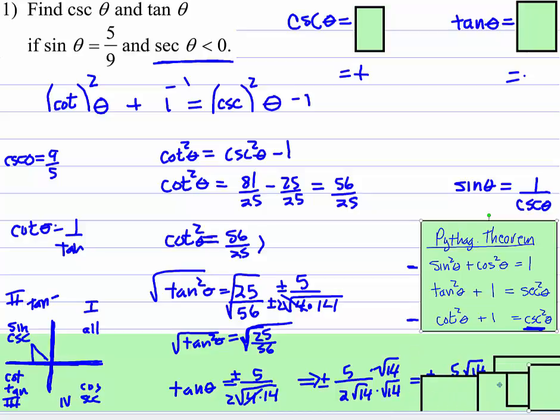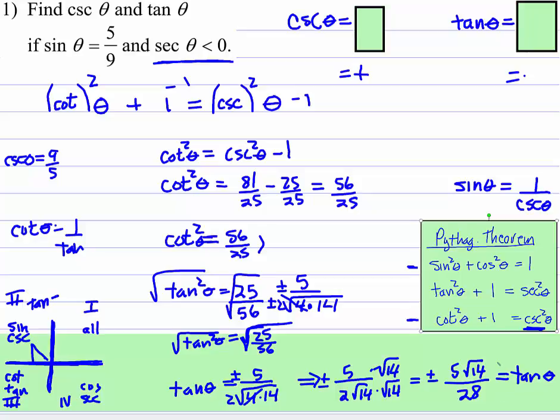Okay, look at what happened. We took the square root of 25, positive or negative 5, over 2 root 14. We can't have a root 14 in the denominator, so we multiply top and bottom by root 14. What we're left with is tangent theta equal to positive or negative 5 root 14 over 28, because root 14 times root 14 is 14, times 2 is 28.